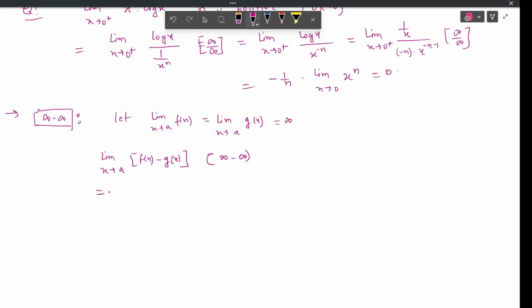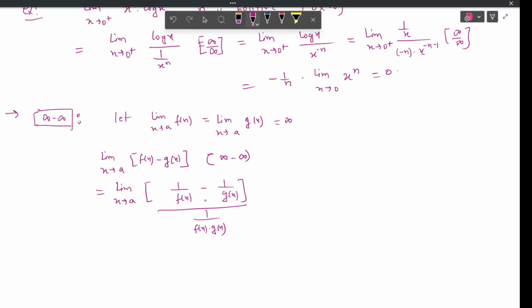Now we can write this function as limit x tends to a, you can write this function as 1 by f of x minus 1 by g of x divided by 1 by f of x into g of x.